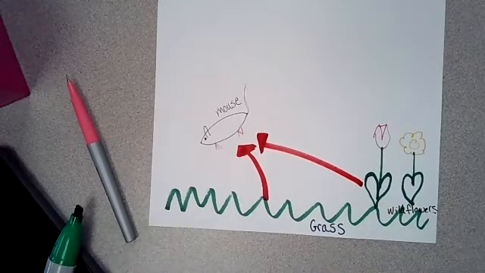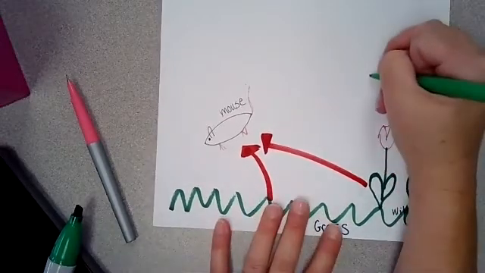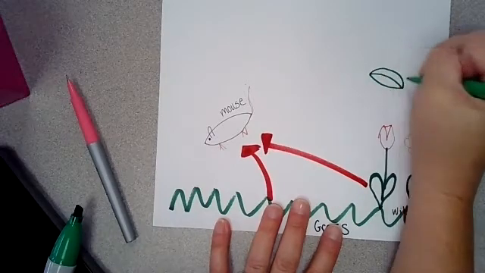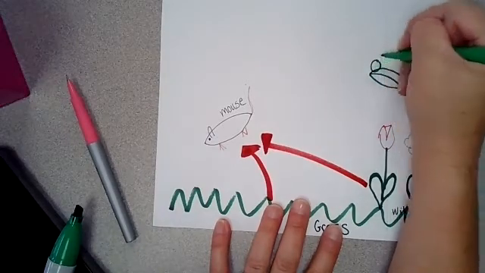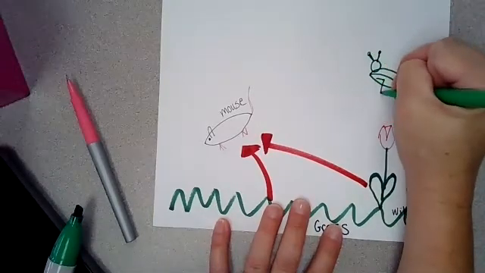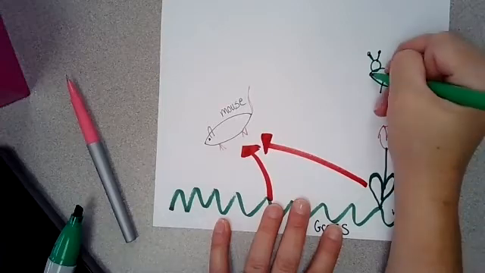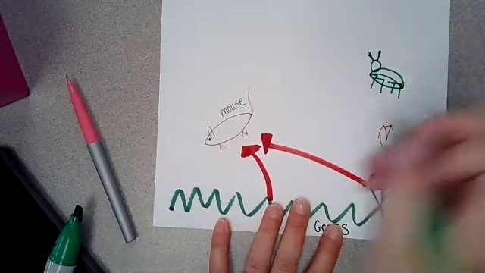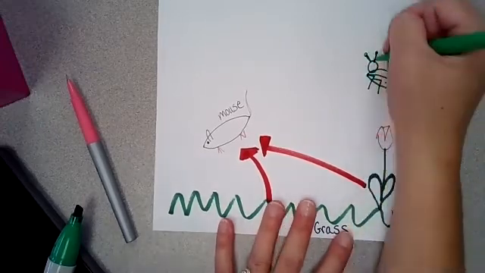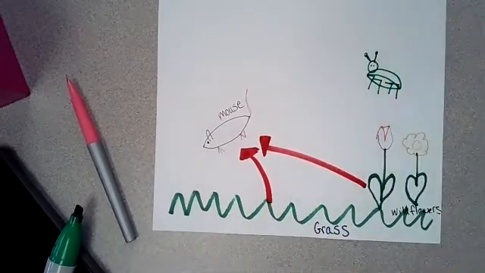Then up here, I want you to draw a grasshopper. Obviously, my grasshopper is pitiful. I'm going to give it some little ears, some little legs, four legs, and eyeballs.